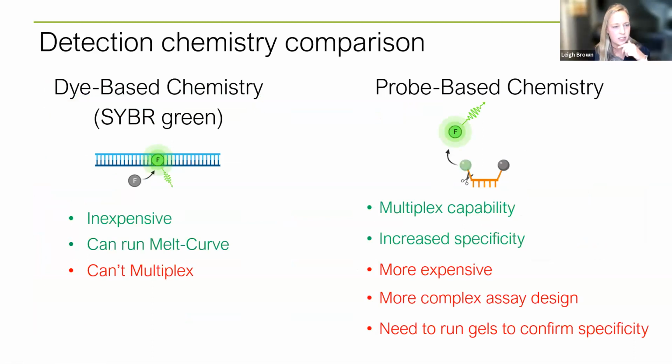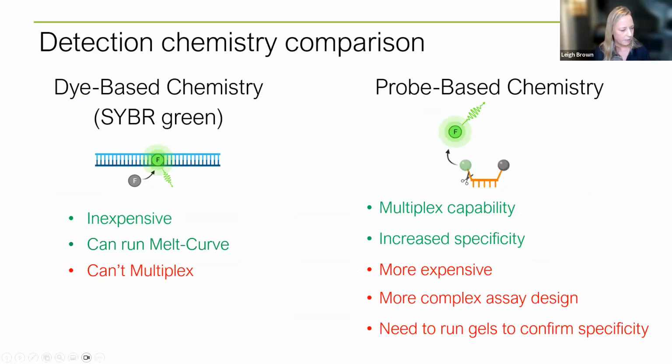So kind of an overall big picture here. SYBR is comparatively inexpensive. You can run that melt curve analysis to make sure that you just have your single target that's being amplified. You can't multiplex it though, right? Because it's going to indiscriminately bind to any double-stranded DNA. With the probe-based chemistries, you can multiplex.